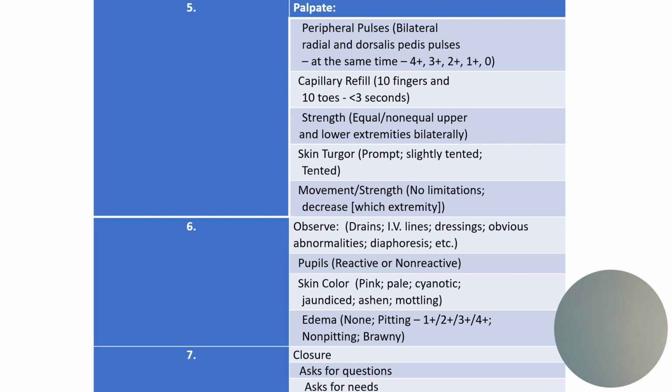We're looking at their skin color, and we can do this by looking at their mucous membranes. This is going to tell us, is it pink? Is it pale? Is it cyanotic? Is it jaundiced or that yellow color? Is it ashen, which is not really a pale color, but it's definitely not pink.